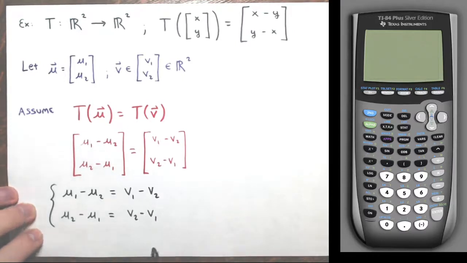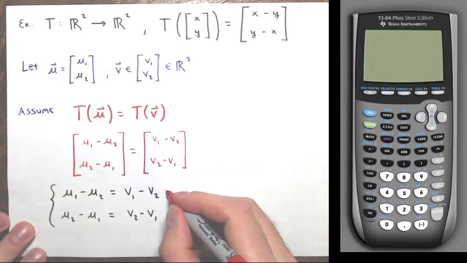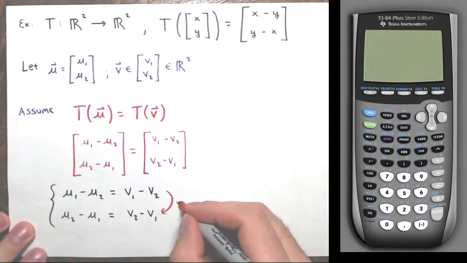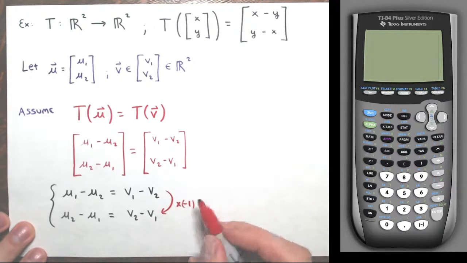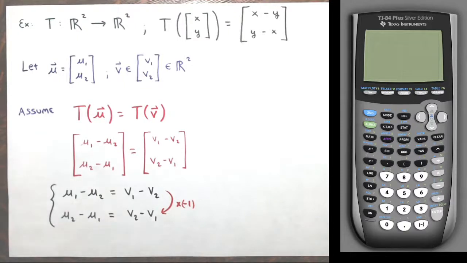Well, look, aren't these really just the same equation multiplied by -1? If I just go times -1 on both sides here, I would get this equation, wouldn't I? So really one of these is unnecessary, right? One of these depends on the other, so I don't need this second one.